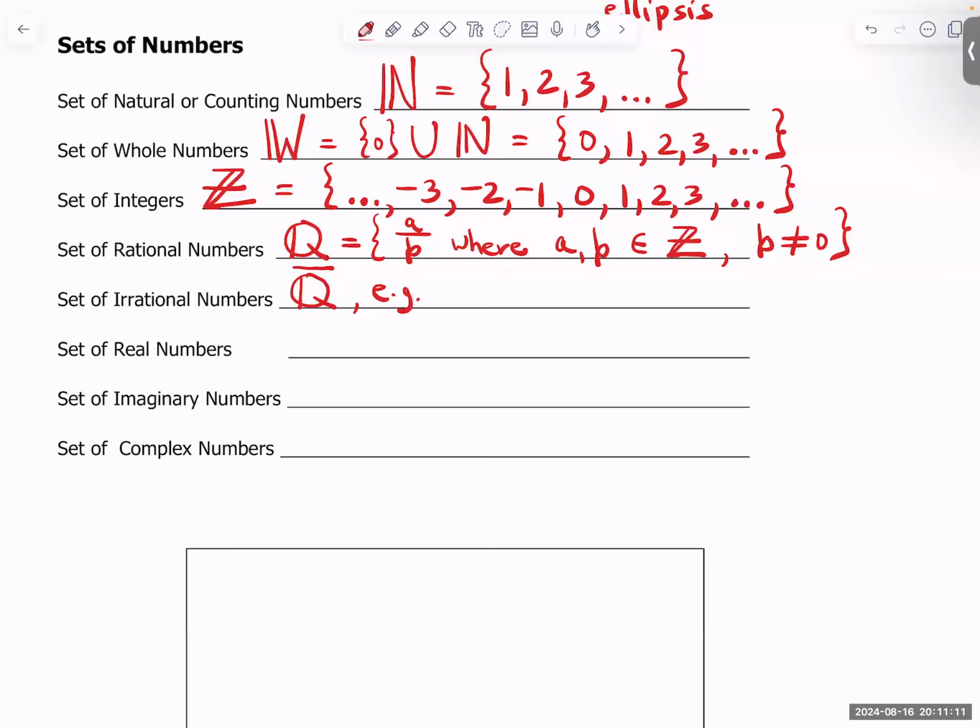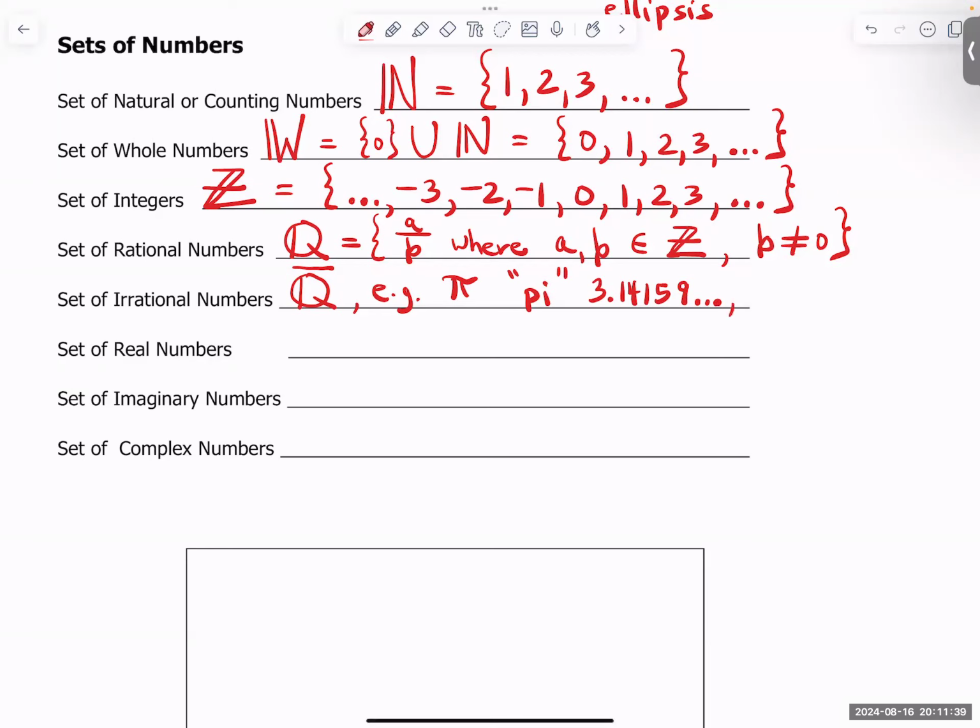Examples are pi, that's the lowercase p in the Greek alphabet, which is approximately 3.14159. Its decimal never repeats and never terminates, which is true for all irrational numbers. Their decimal expansion has no repeating pattern and never terminates.